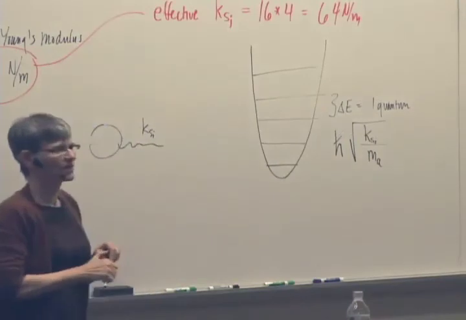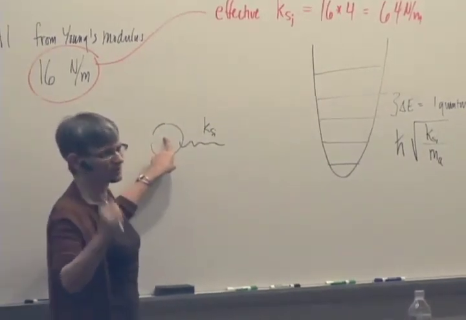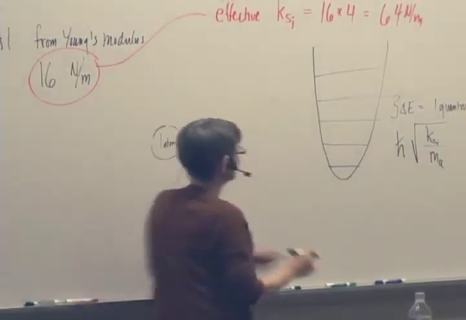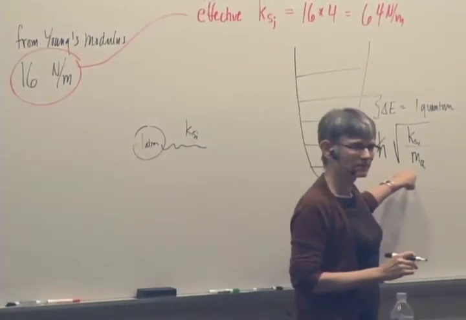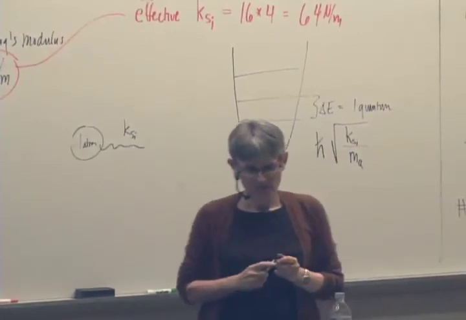And what's attached to that interatomic spring? Is it an entire mole of atoms? No, it's just one atom, isn't it? So this is one atom, so we need the mass of one atom and the interatomic spring stiffness and multiply.